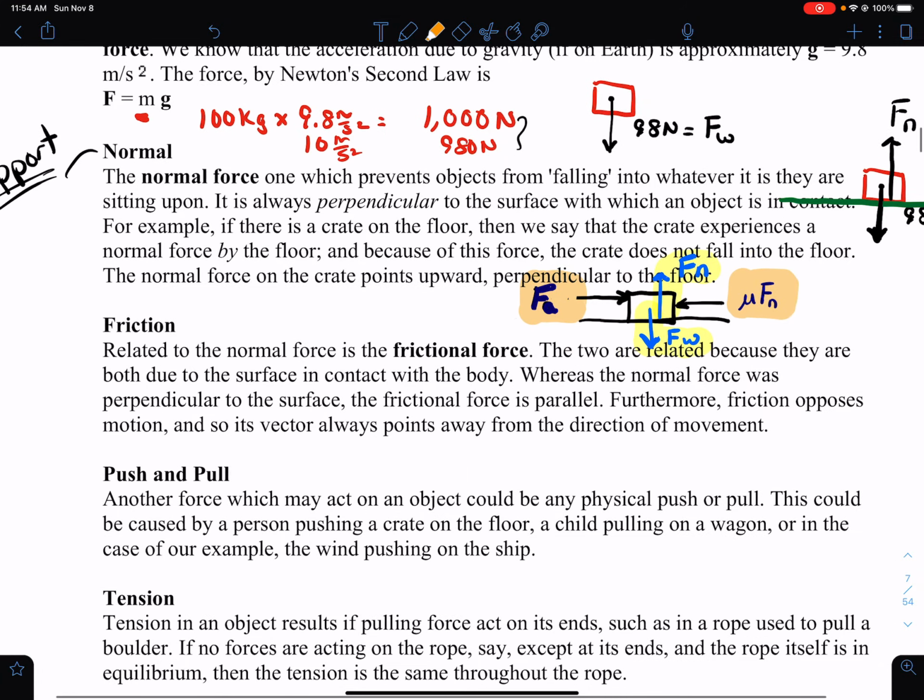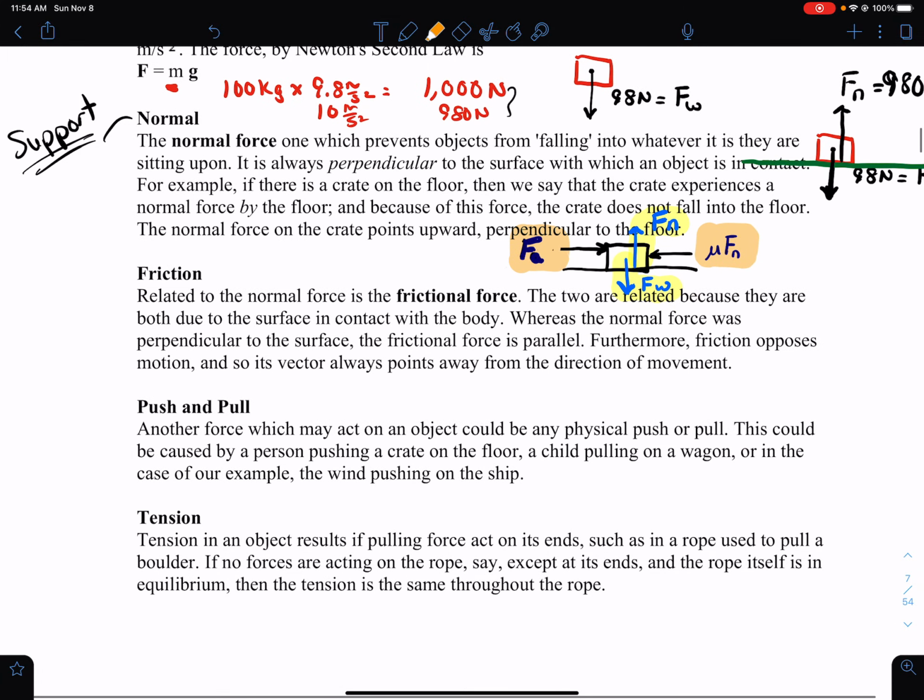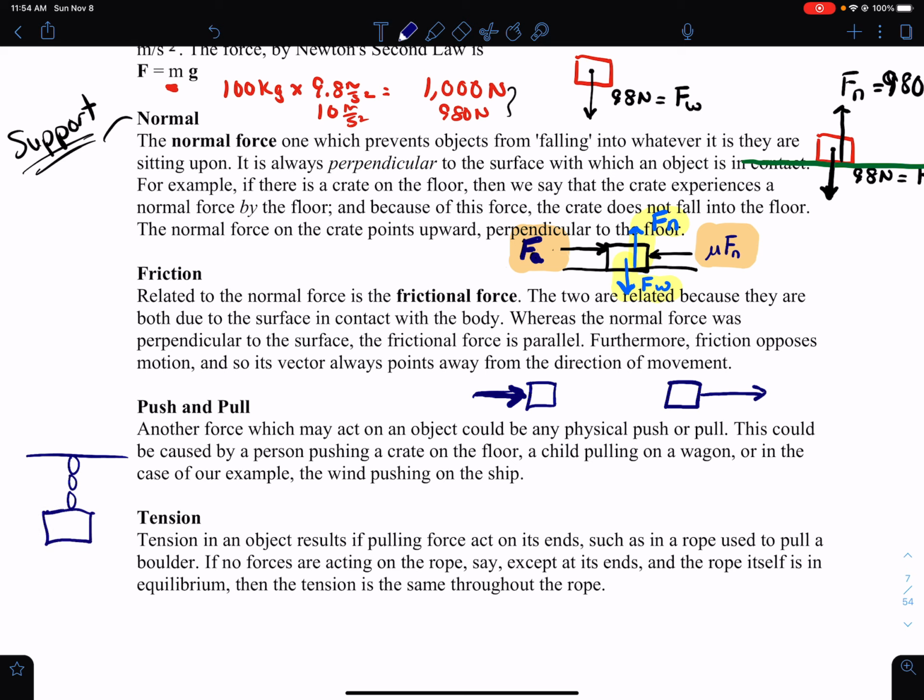All right, we have three types of forces. We have our push and the pull. That one's pretty simple. If you're looking at a diagram, here we have a push, all right? But we would have to make sure that the force that's coming towards it is pushing it right here. And then if you're going to have something pulling, we would want to diagram it like this, okay? Tensional forces, if we have, let's say, a chain, and then we have a box that's suspended from it, all right?